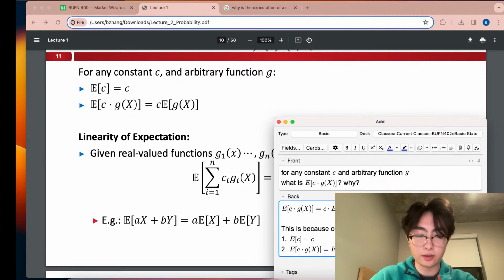Okay, that didn't do anything. Expected value is linear.